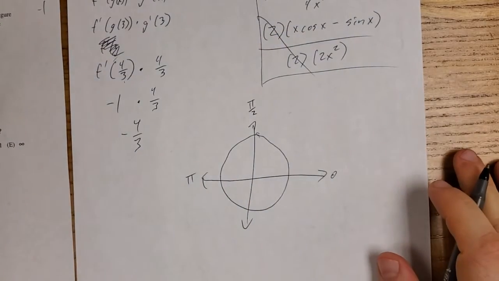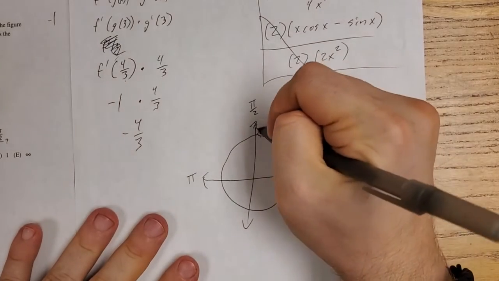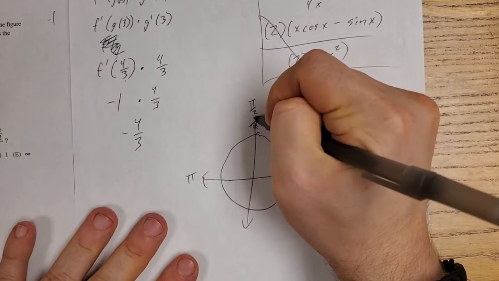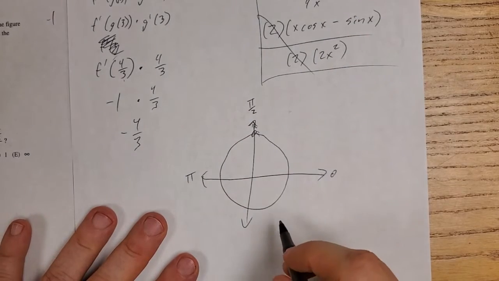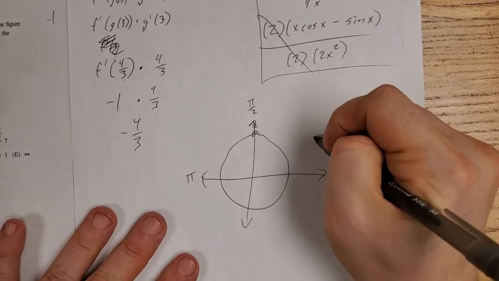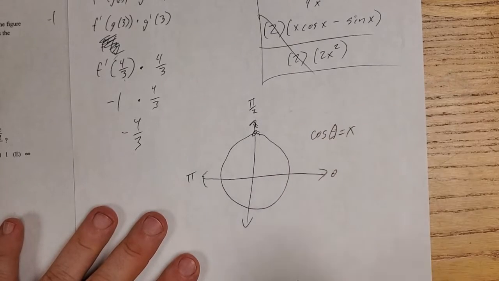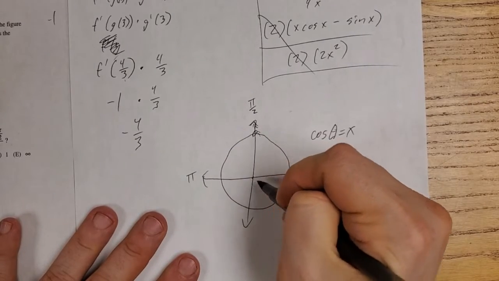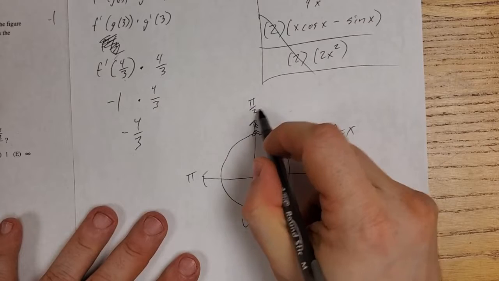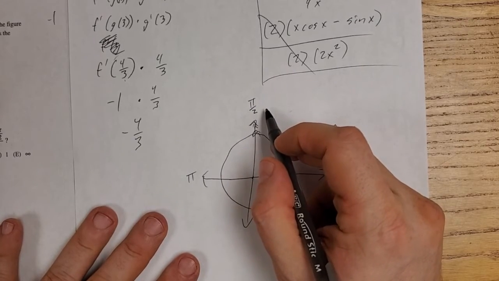So we're interested in the cosine at half pi, which is going to be this point here. And of course, the cosine of an angle equals the x value. So the x value up here is 0. So the cosine of half pi is 0.